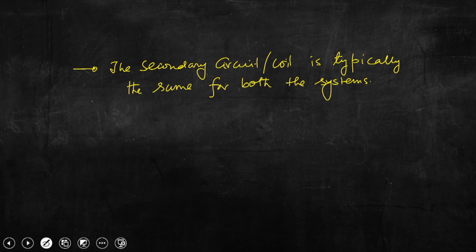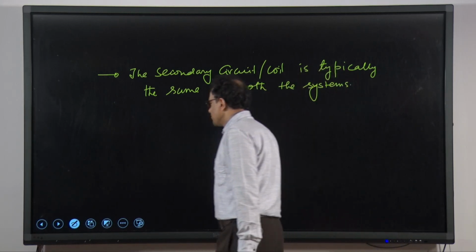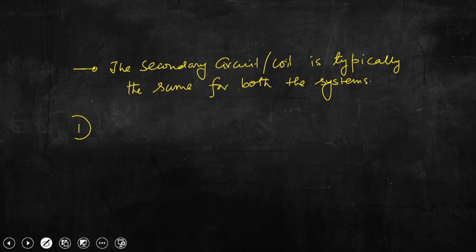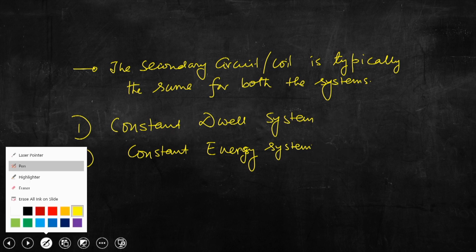Now, in this context, two different philosophies have been proposed. The first one is the constant dwell system, the second one is the constant energy system. So, constant dwell system and constant energy system.